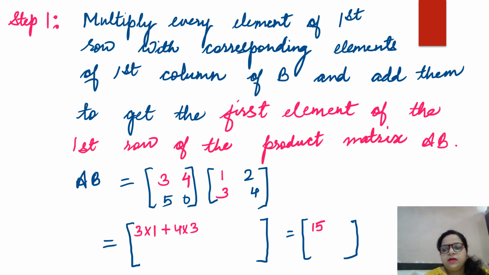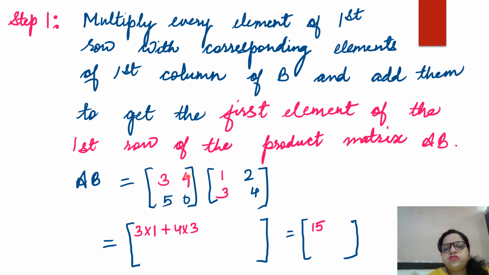Now step 1. What is step 1, children? Step 1 says to multiply every element of the first row with the corresponding elements of the first column. The first row has to be multiplied by the first column of matrix B and added, to get the first element of the first row of the product matrix AB. I'll explain it here. AB is equal to [3, 4; 5, 0].